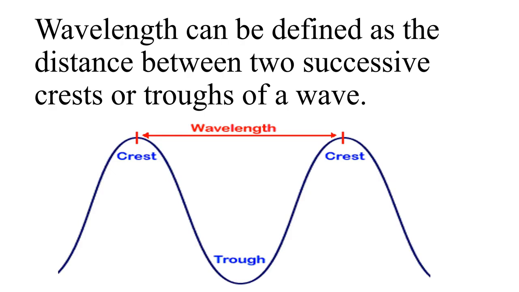We are already aware that the crests are the maximum point of upward displacement within a cycle. So, the distance between two successive crests is termed as wavelength.